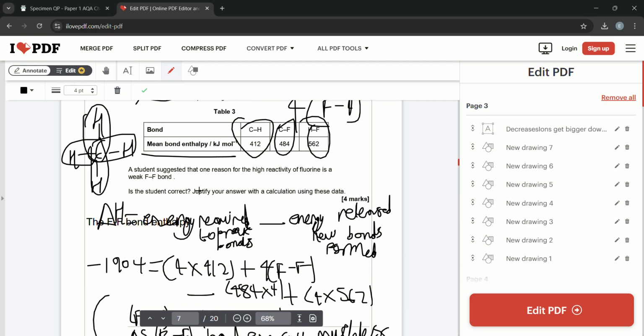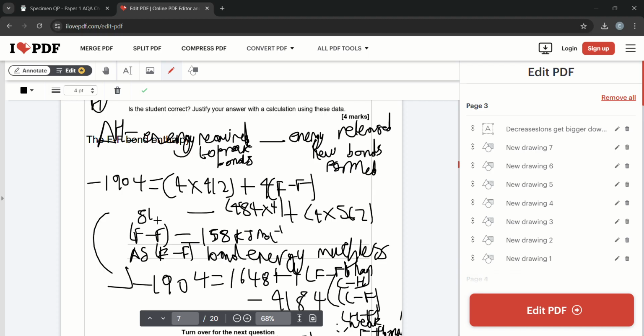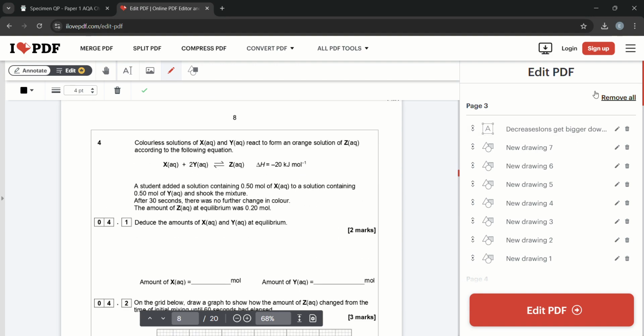Because that's what the question was saying: the student suggested that one reason is a weak FF bond, and therefore we need to also say the student is correct. And that is the end of question 3.